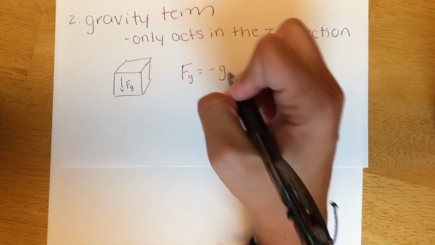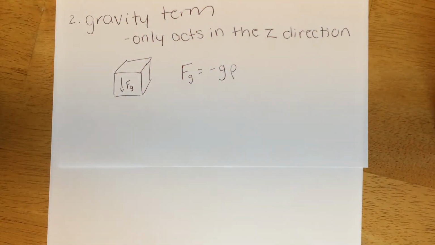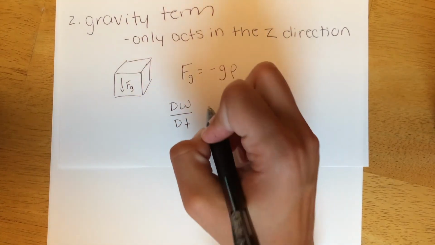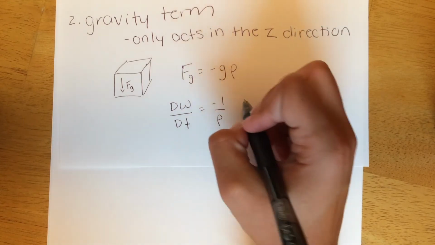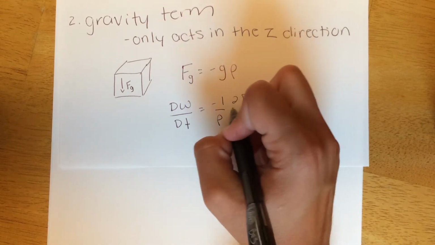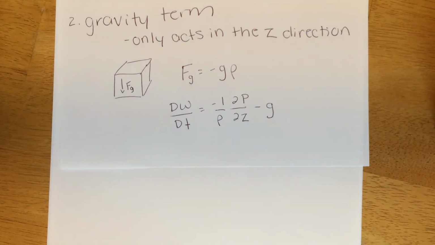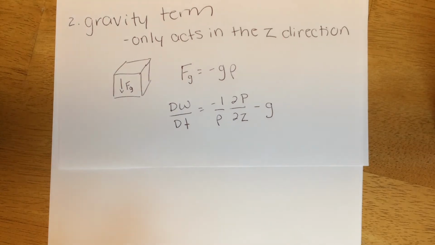The force of gravity can be written as negative g times the density rho. Since it only acts in the z direction, we only include the force of gravity in our third equation of motion in the z direction. And once we divide by density, we are left with our final equation in the z direction.